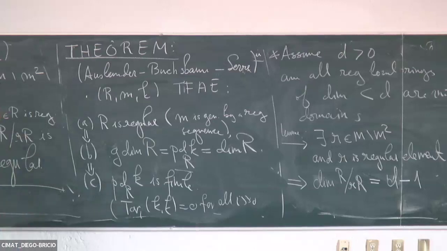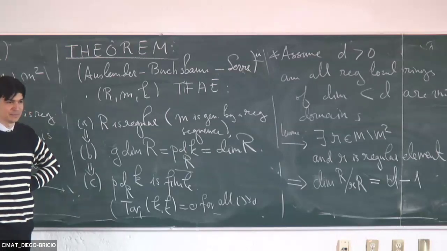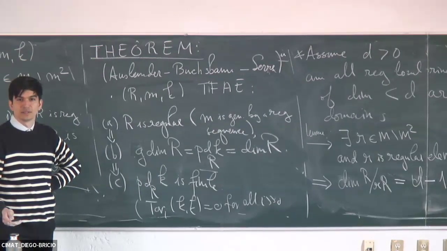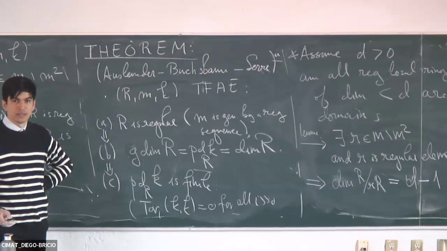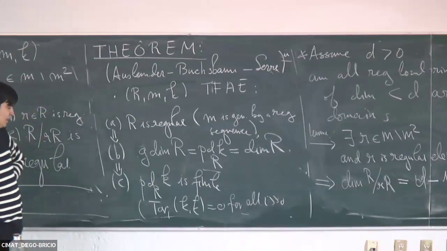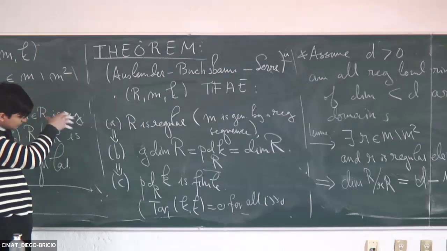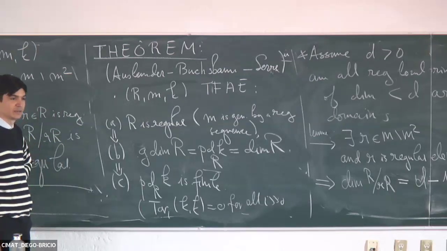I give you a minute to appreciate this theorem if it is the first time you see it. It's an absolute masterpiece of mathematics. And actually, according to Serre, I think he wrote something like that in his paper, this is the right way to think about regularity.